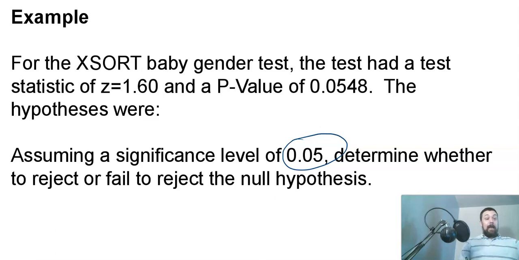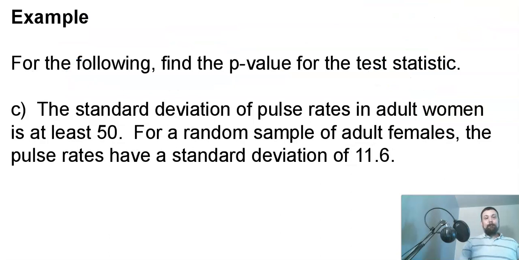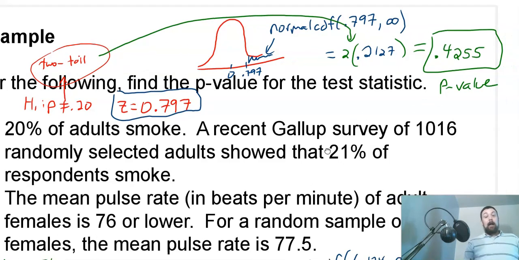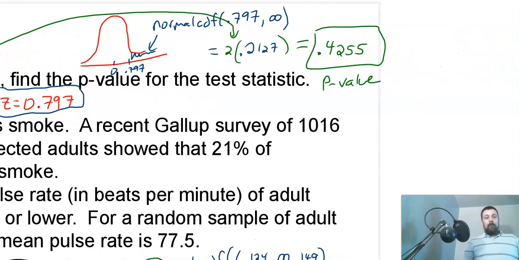So let's go back to the A and B, the proportion of people that smoke and the pulse rates for women, right? Those were our previous two examples. We have all the information we need to make decisions there. And I've kind of already alluded to what these would be. So for part A, our p-value was 0.4255. To draw a conclusion based on the p-value, you compare that to alpha. Now, alpha, for these problems, we've been letting it be 0.05.